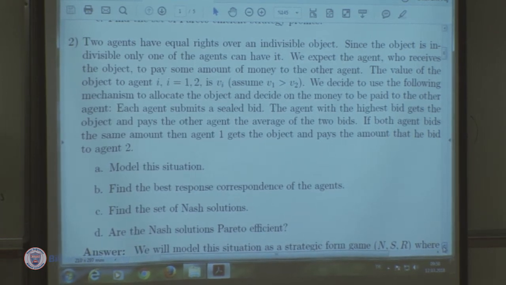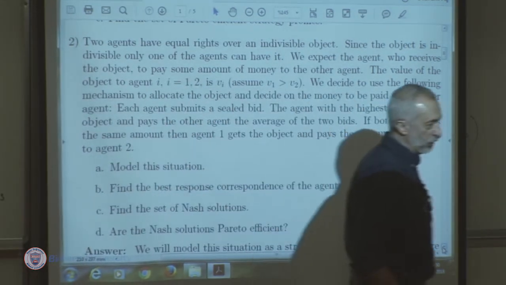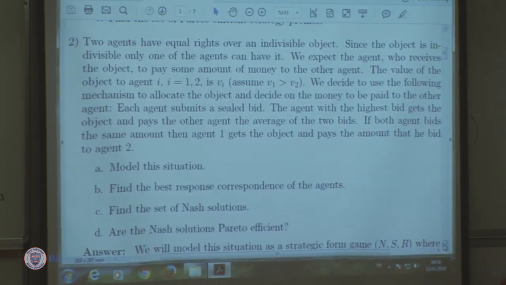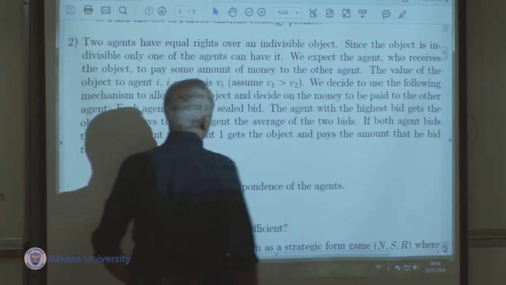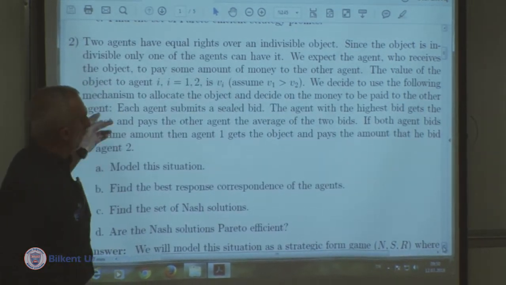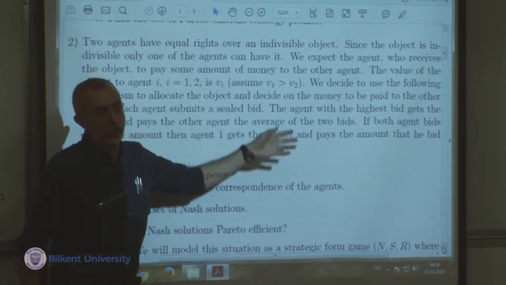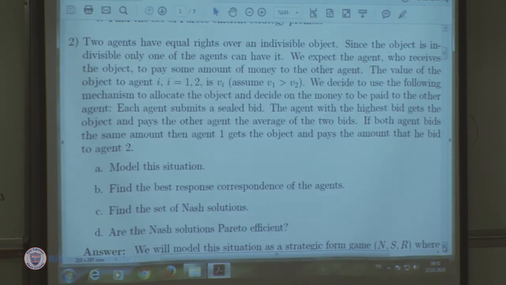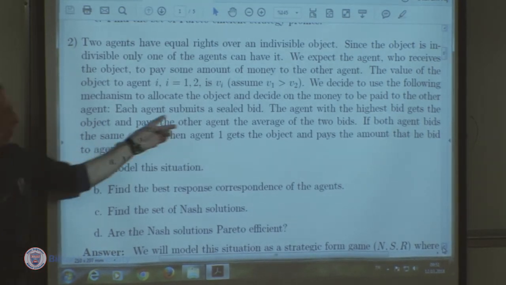If I get the object, my sister will feel bad. If my sister gets the object, it would be unfair to me. So we use a mechanism to decide who gets the object and how much he pays the side who doesn't get the object in compensation. So each of us submits a sealed bid.